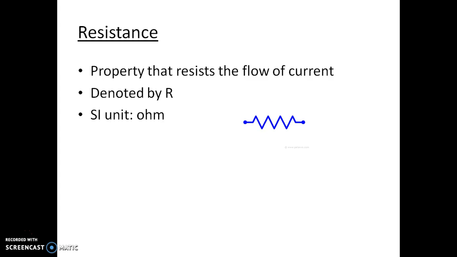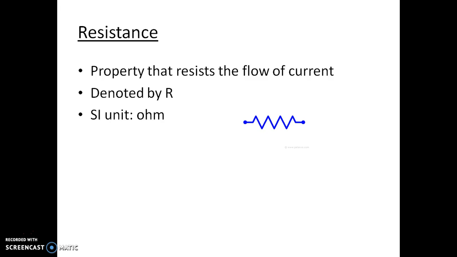In an electric circuit, what gives rise to resistance? So we can say that when charges move in any conductor, they strike atoms present in between, and this creates a barrier for the flow of electrons. This barrier, or this resistance to the flow of electrons, gives rise to this new property, that is resistance.